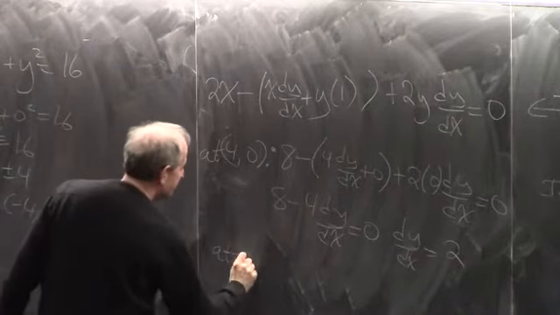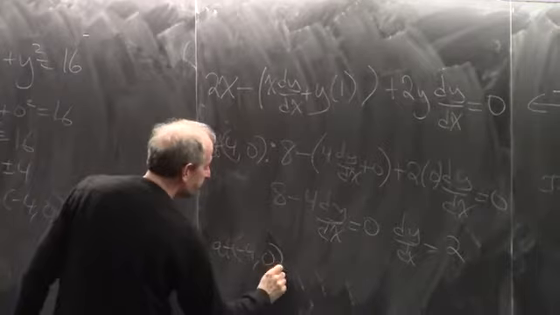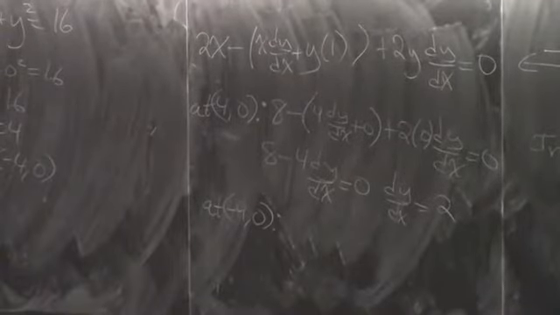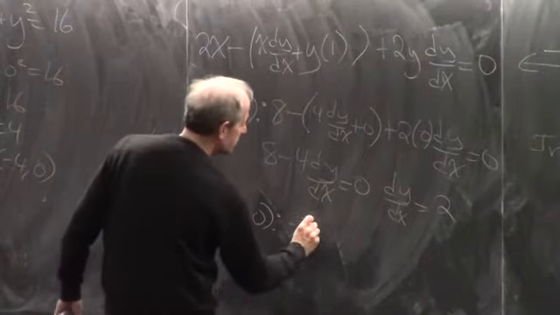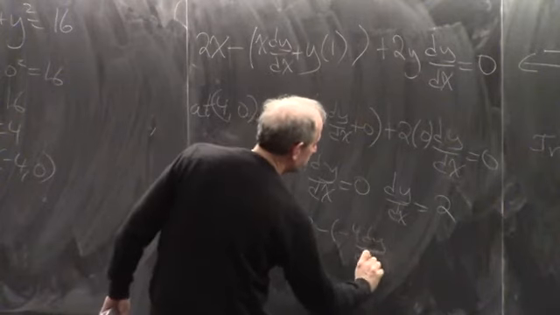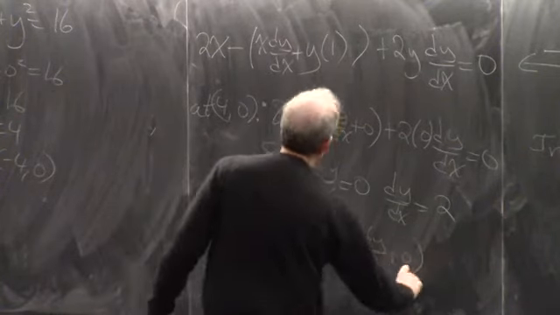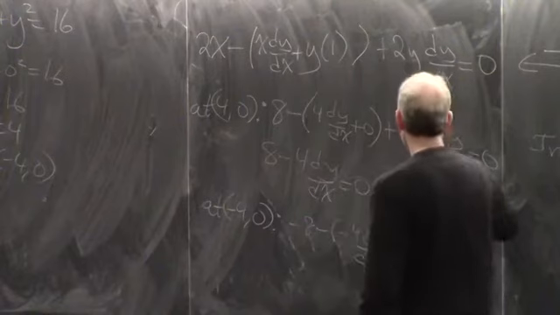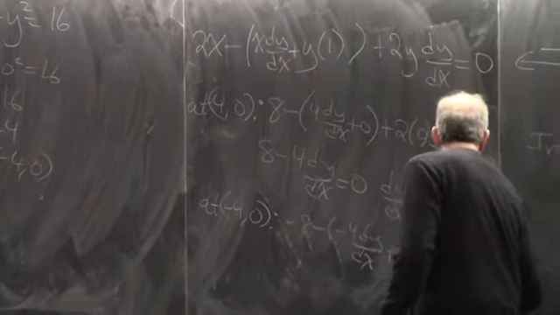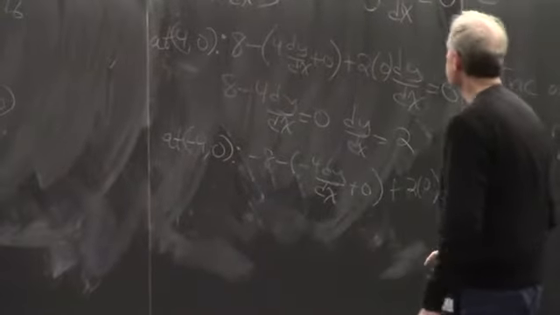At (negative 4, 0), we do the same thing, but now we're going to plug in negative 4. So you get negative 8 minus negative 4 dy/dx plus 0 plus 0 dy/dx equals 0.